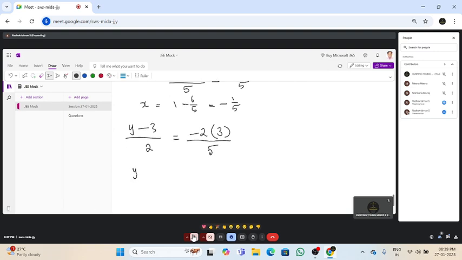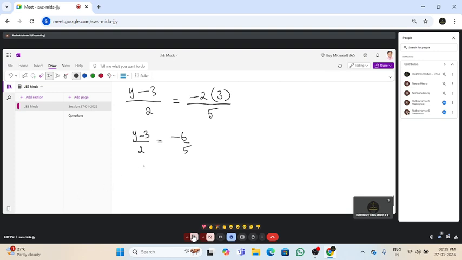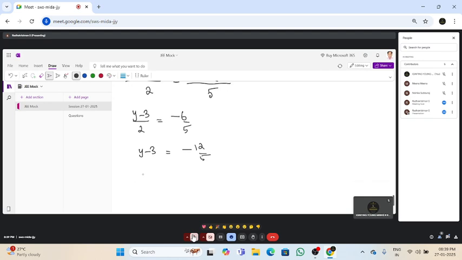So y minus 3 by 2 equal to minus 6 by 5. So 3 is 15 by 5, therefore it is 3 by 5.